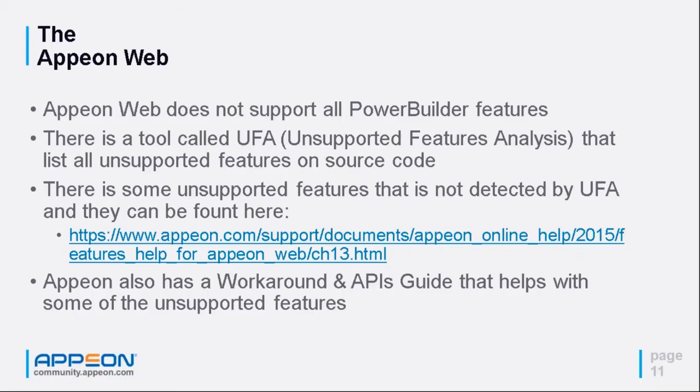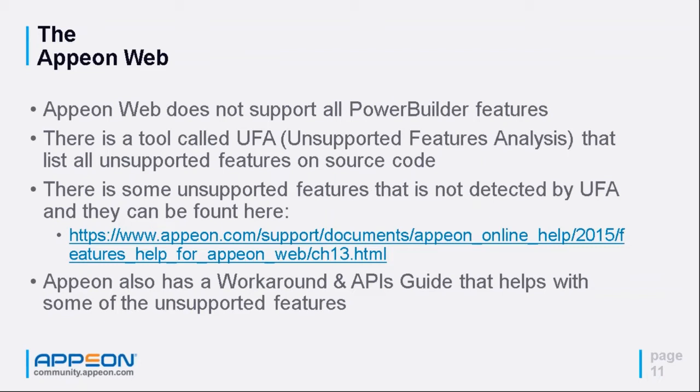There is something we have to take care of with Appeon Web: it does not support all PowerBuilder features. While developing the process, we found a lot of PowerBuilder code, scripts, constructions and components that are not supported by Appeon Web.